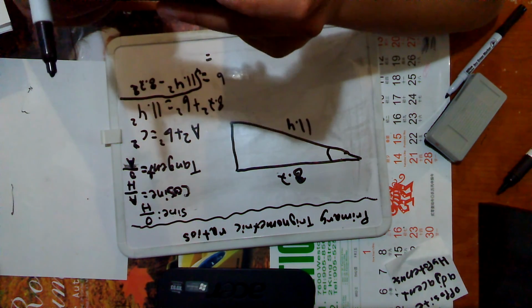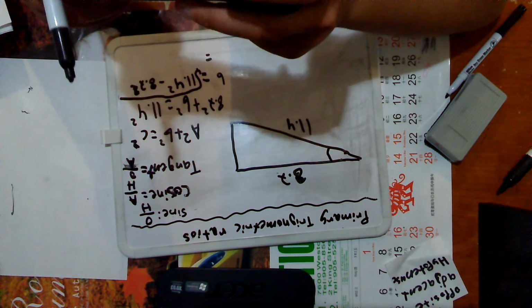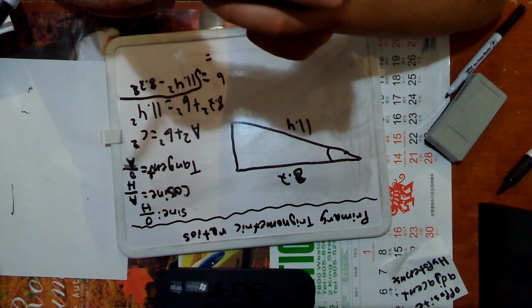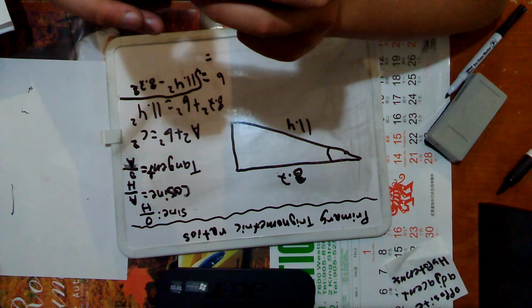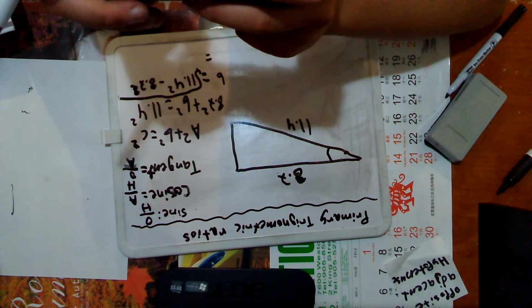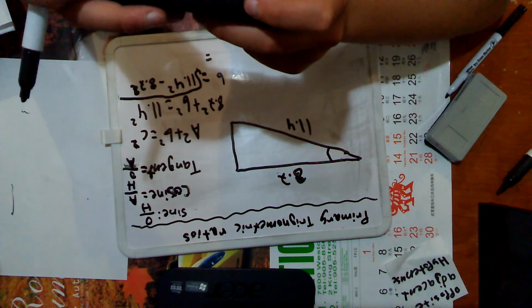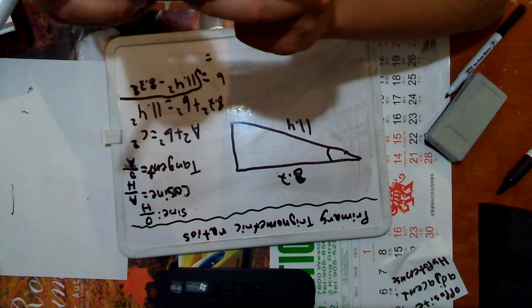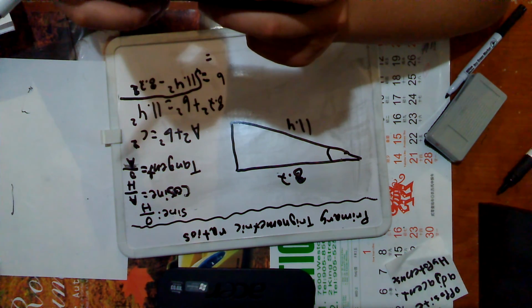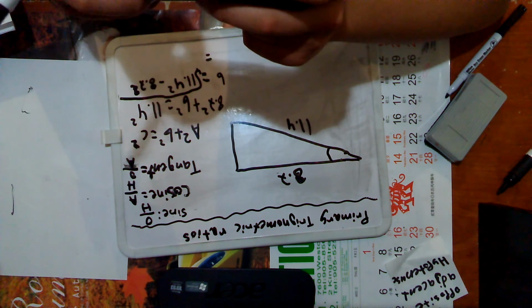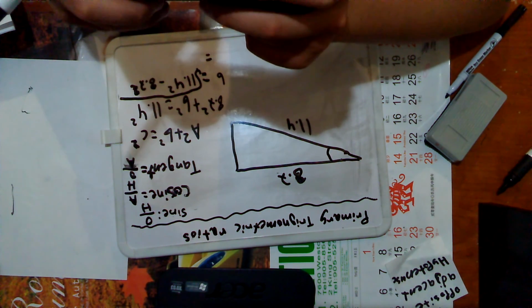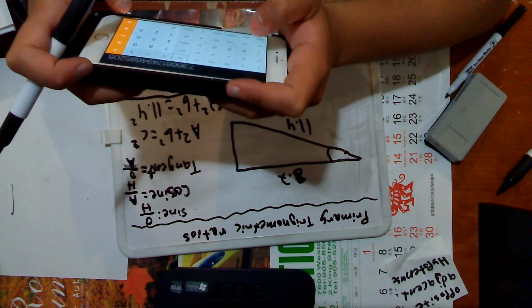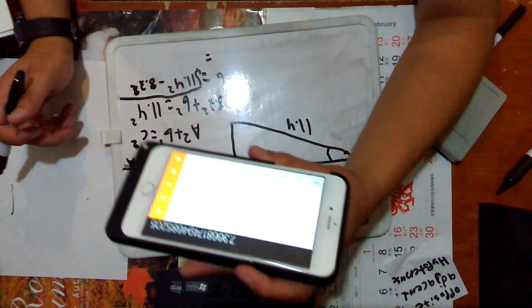The square root of 11.4 squared minus 8.7 squared, and then we square root it, which should give us 7.36.